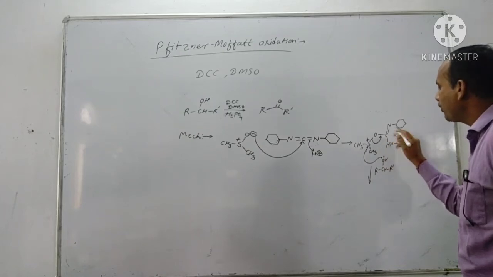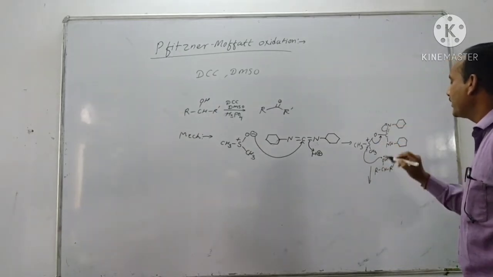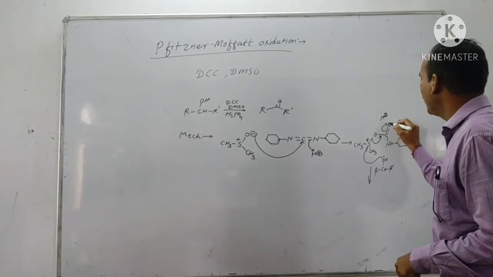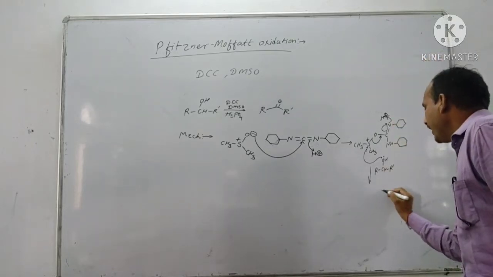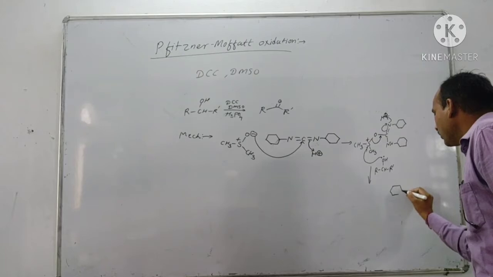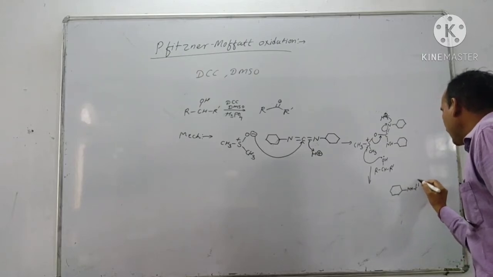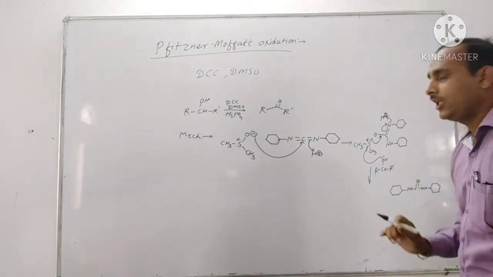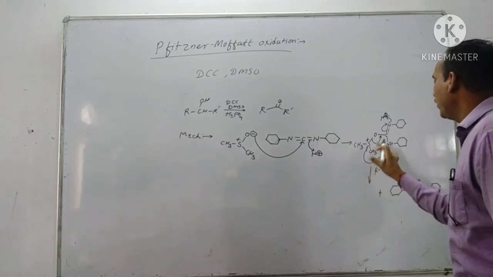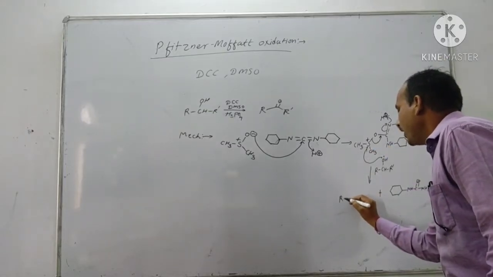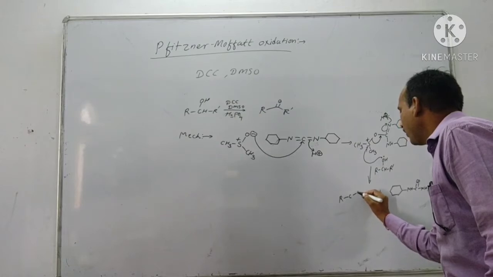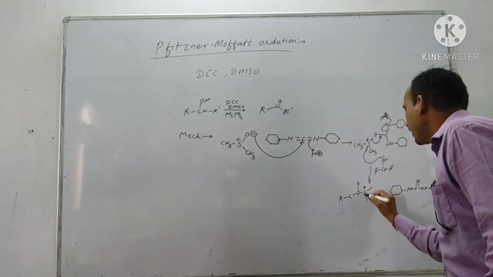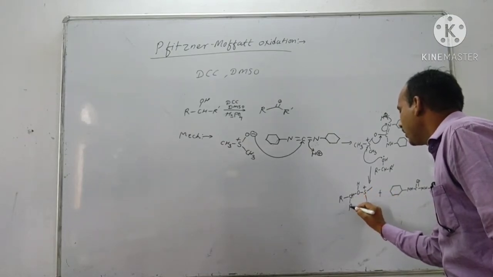Then there is formation of C double bond O, N minus, and again this N minus takes the proton from H plus, that means from the acidic conditions, so that there is formation of NHCO, dicyclohexylurea, plus the alcohol attack on sulfur of DMSO, RCHOS CH3 plus, here is CHR dash.